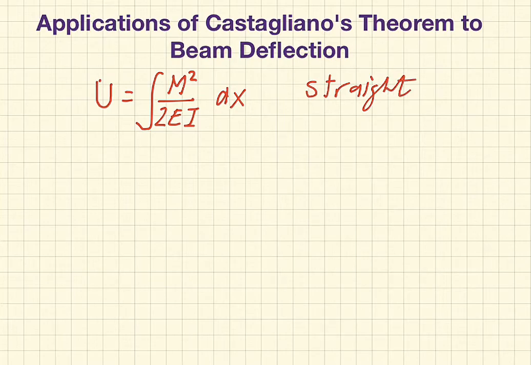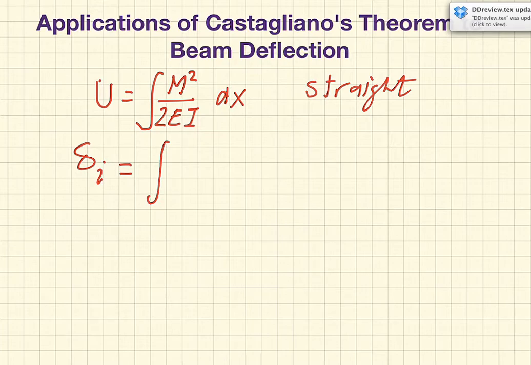then if we want to find the deflection delta under a particular force F sub i, then we have to take the derivative of this with respect to the force. So the delta i would be the integral, and then the derivative can be exchanged with the integral to go inside the integral.